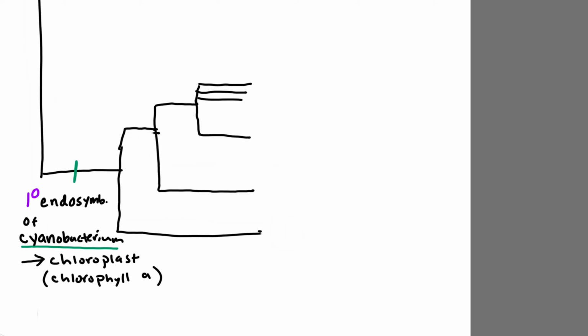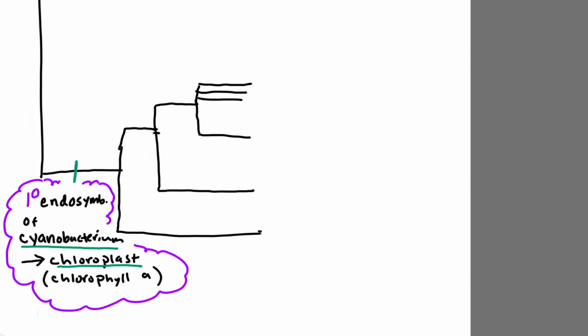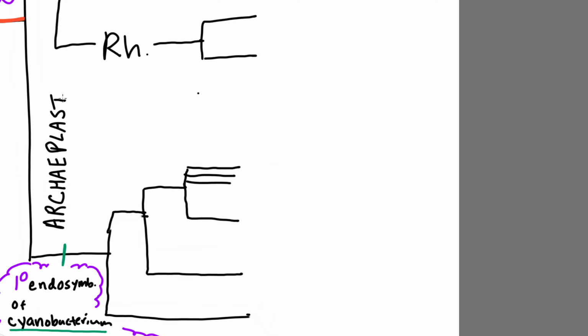There are other pigments in various chloroplasts depending on the group, but all of them have this chlorophyll a from the cyanobacterium. So that is a primary event. Now, which lineage did this happen in? The Archaeplastida lineage. So this bottom group is the Archaeplastida.